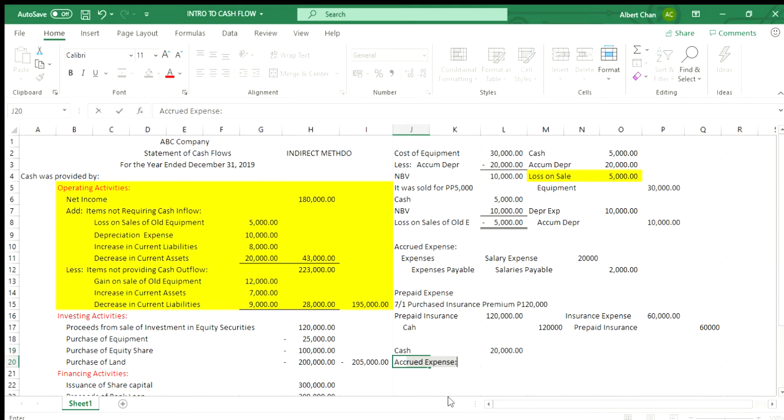Credit accumulated depreciation for 20,000.